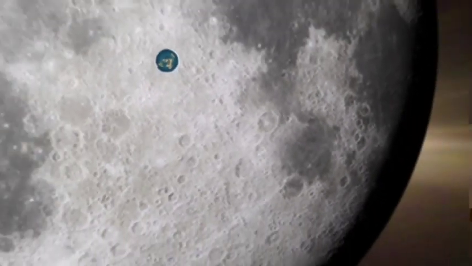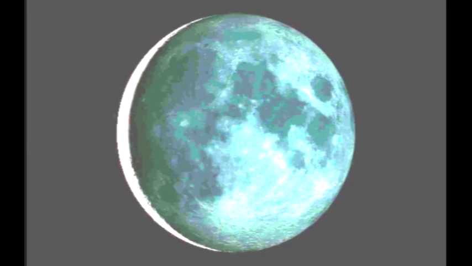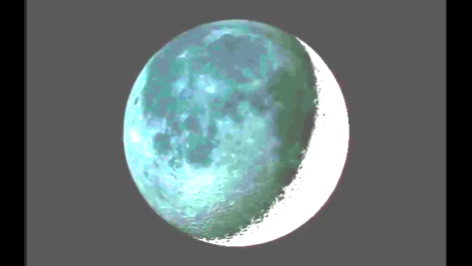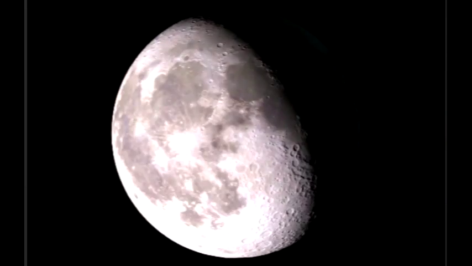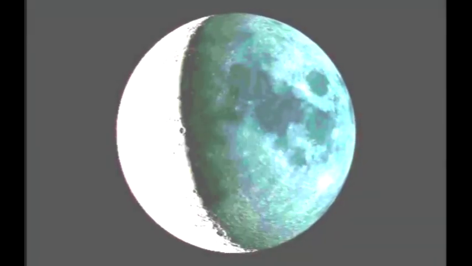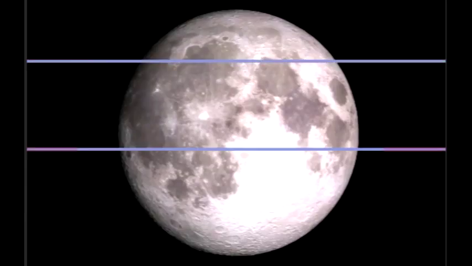Now we have the final question. Where exactly on the moon is the Earth situated? To examine this, I have taken one movement of the moon and I have lit up the dark side. So I can check out the movement. Now I can draw two lines wherein the Earth is moving.